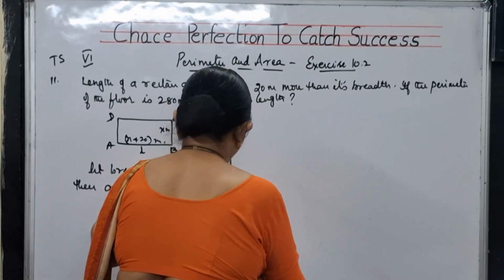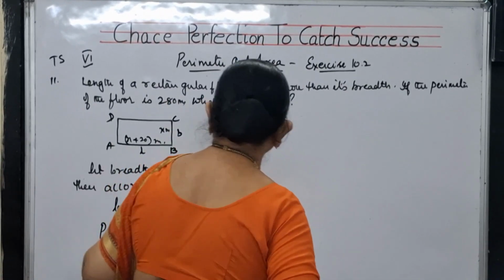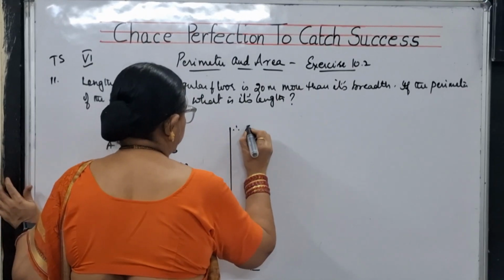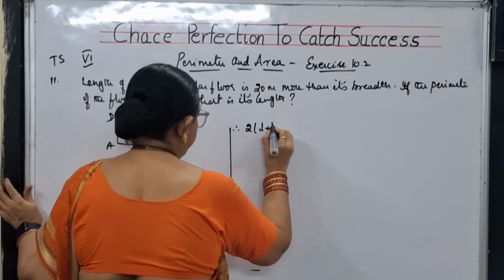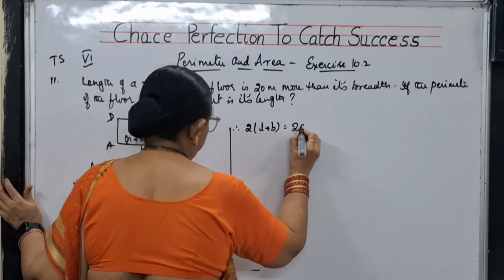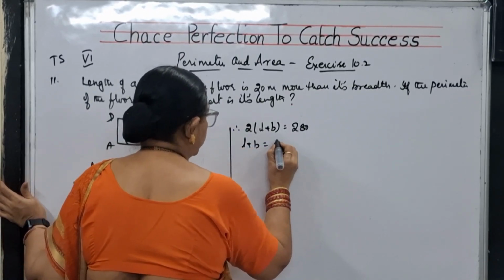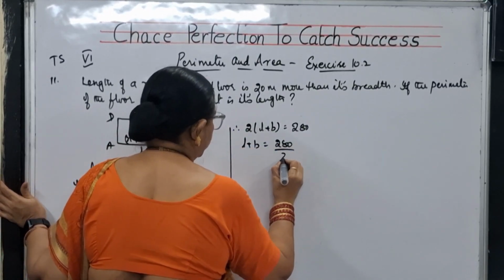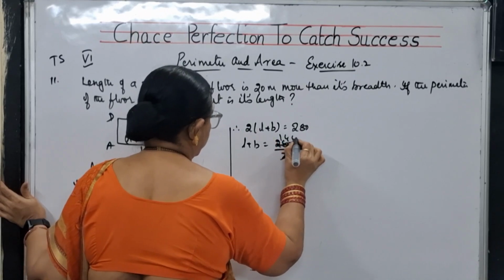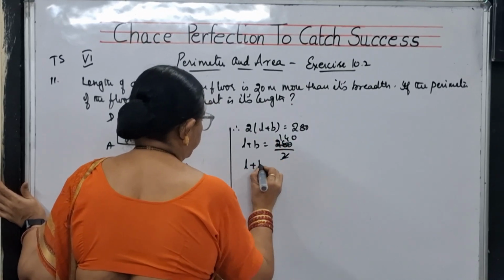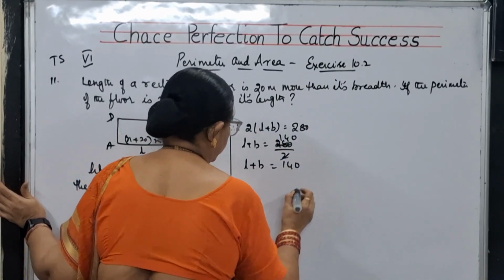What is the formula for perimeter? 2 into L plus B, therefore 2 into L plus B is equal to 280. That means L plus B is equal to 280 by 2. 2 fours are 8, 2 ones are 2... so L plus B is 140.